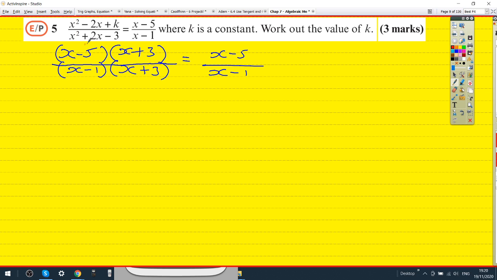If you do that, you'll get x squared, minus 5x, plus 3x, and what else?